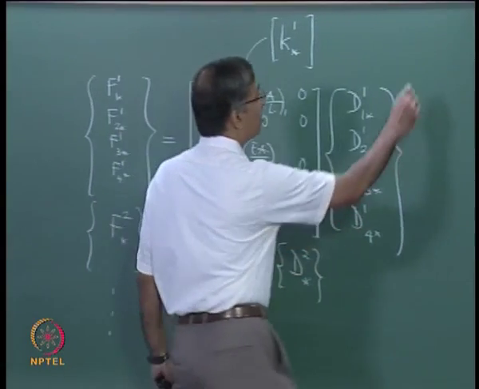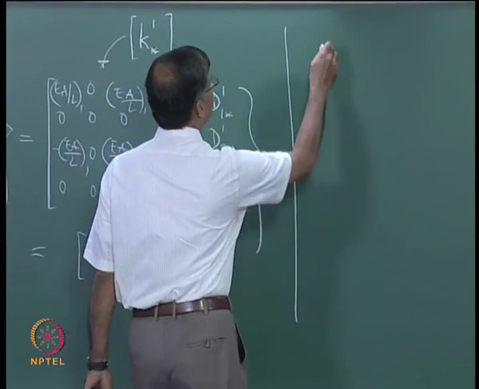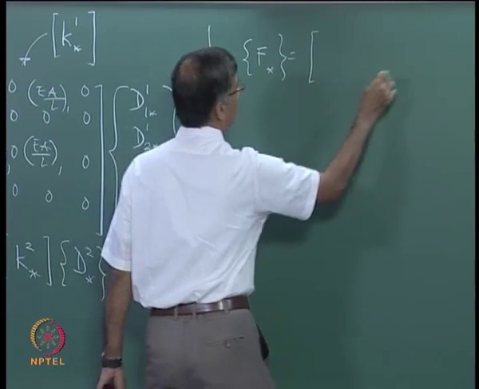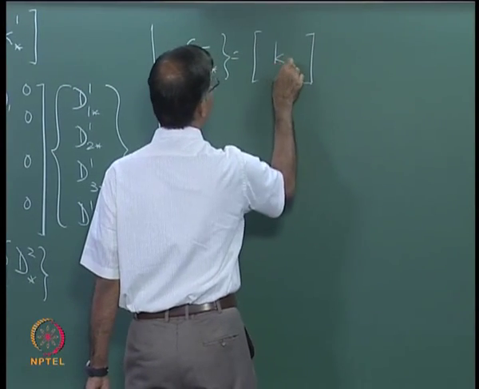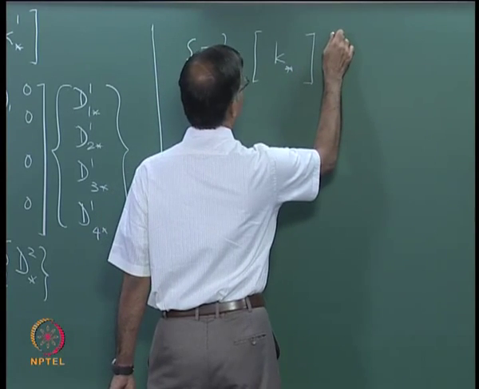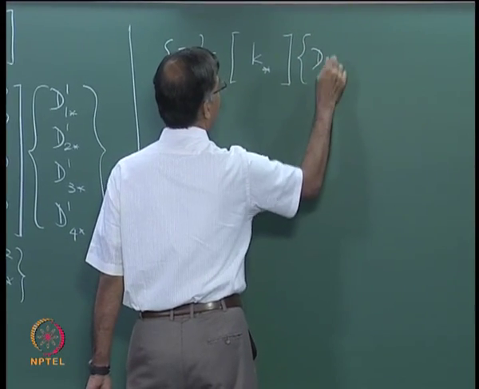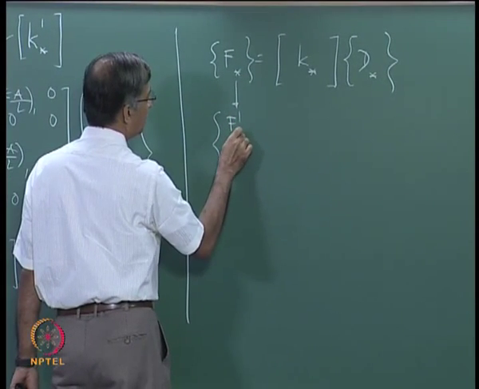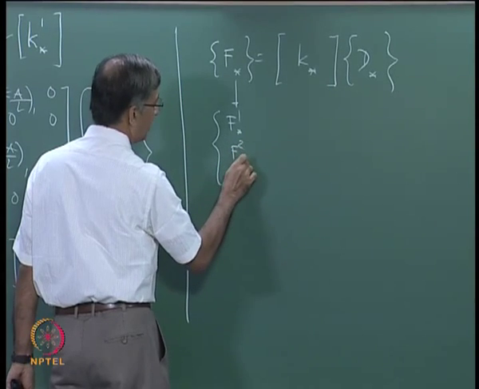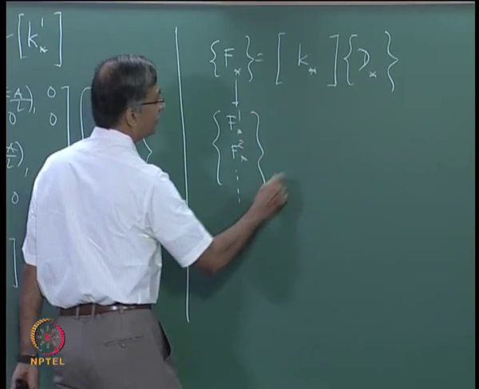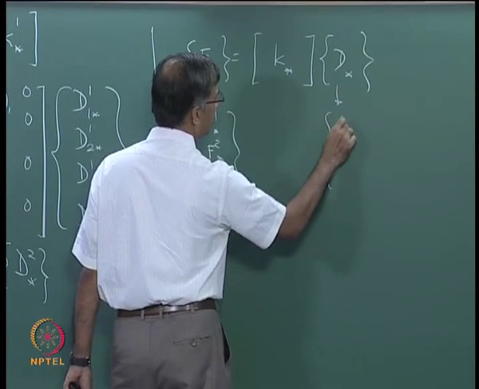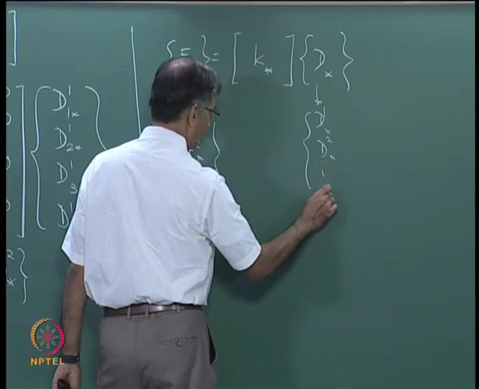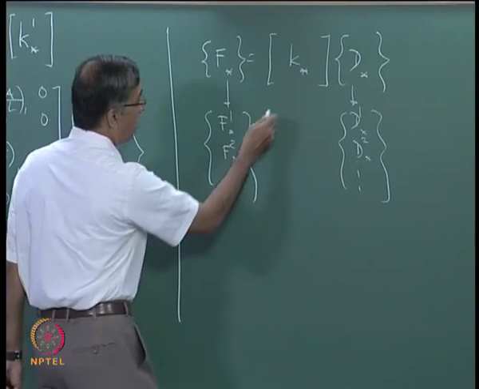Now if I want to relate all of them to a single matrix, this is really meaning F1 star, F2 star, etc. How will this look?